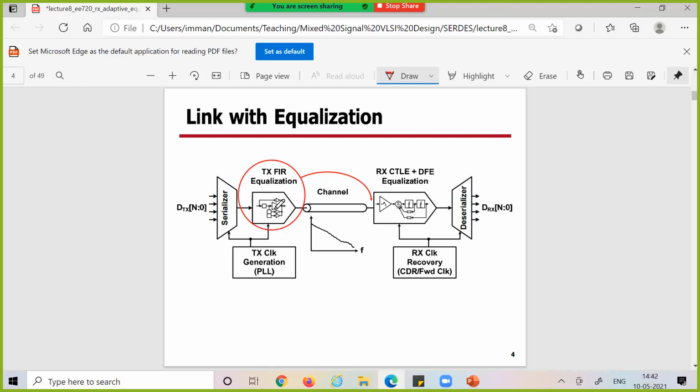And then you have your TX FIR we have seen, channel, CTLE, DFE we have seen, deserializer, of course, it's a demux. Okay, what is of interest is basically your RX clock recovery, or it is called a clock and data recovery circuit, or sometimes you'll have what is called a clock forwarded architecture. Okay, so this clocking stuff we will see in tomorrow's class, and we will wind up with that.